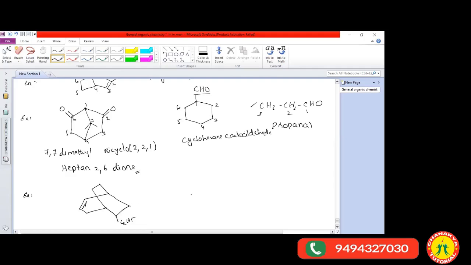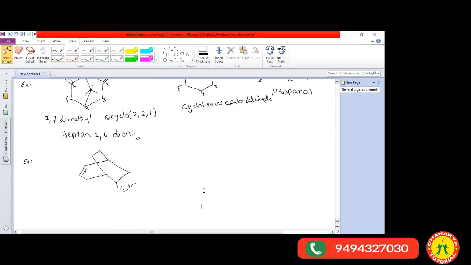What is the IUPAC name of the given compound? 3-ethyl. 3-ethyl or one ketone? Somewhere you are giving numbering from a different side. Any one of you?